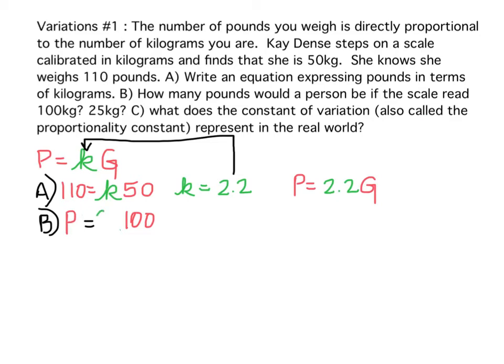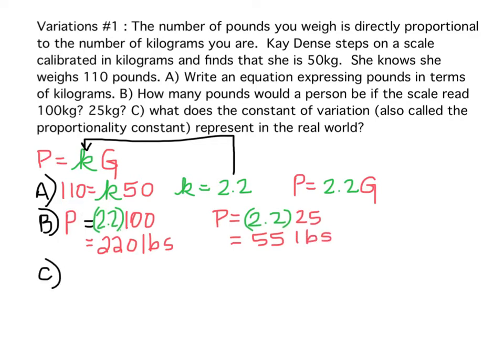I know the constant of variation is 2.2, so these pounds would equal 220 pounds. Excuse the dogs in the background. Okay, so what if the scale read 25? So 2.2, I'm going to plug in the kilograms, and I get 55 pounds.